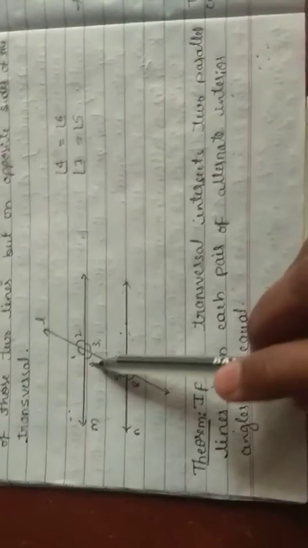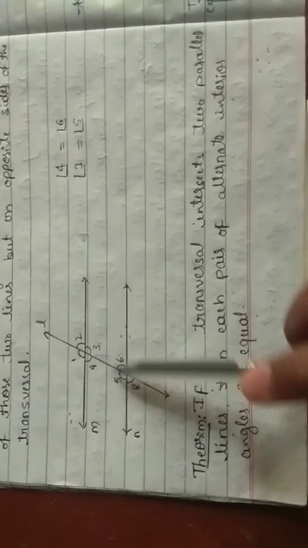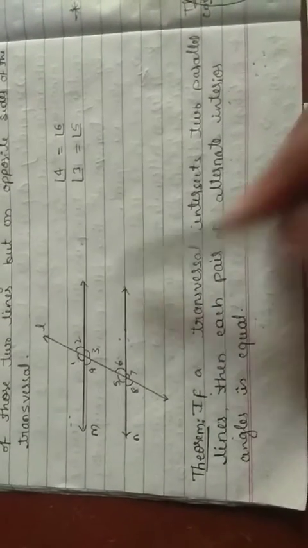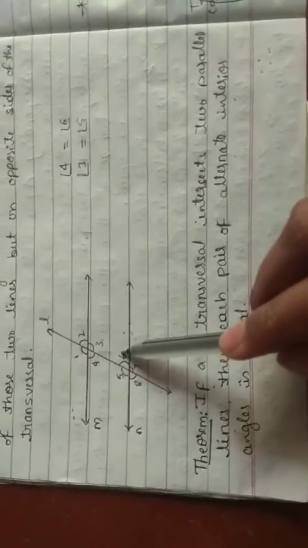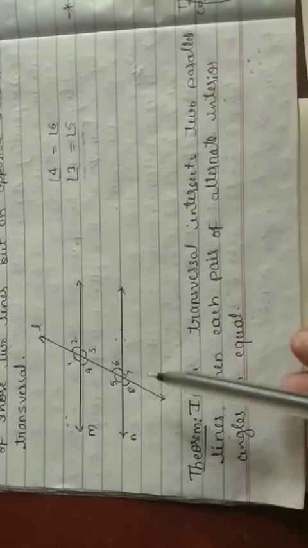Then each pair of alternate interior angles, 4 and 6, 3 and 5, is equal. Means angle 4 is equal to angle 6, angle 3 is equal to angle 5. By this theorem, we can say these alternate interior angles are equal.